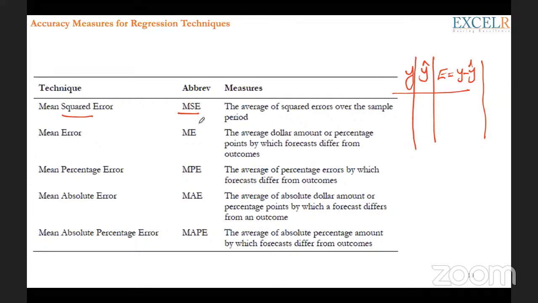MSE is basically the average squared error over the sample. That means whatever errors I have, collect these errors, square them, and then compute the mean. This is basically called mean squared error.